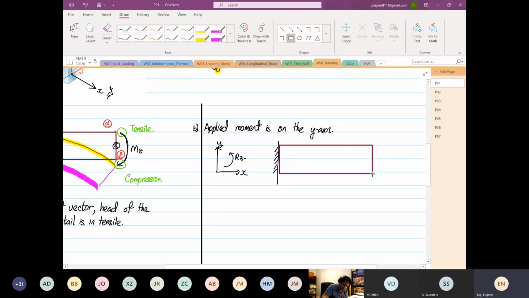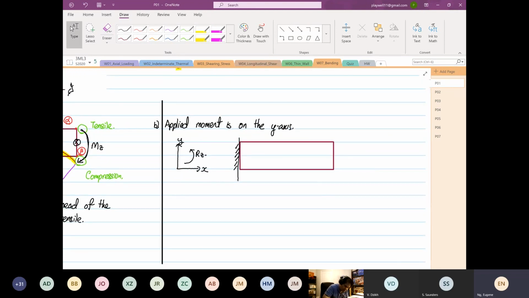Right, so this is our structure, same view. Now our moment is going to be applied in this direction. So now we have moment about y, and moment about y will have this rotation now.